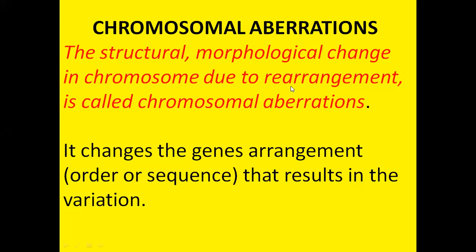Different genes have been rearranged on these chromosomes. It is called chromosomal aberrations. It changes the gene arrangement, order or sequence that results in variation. So due to chromosomal aberrations, variations occur.